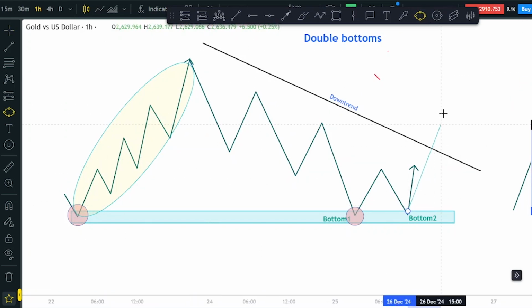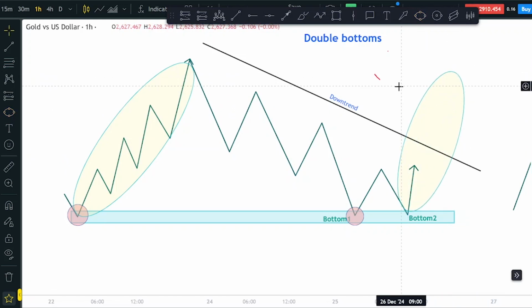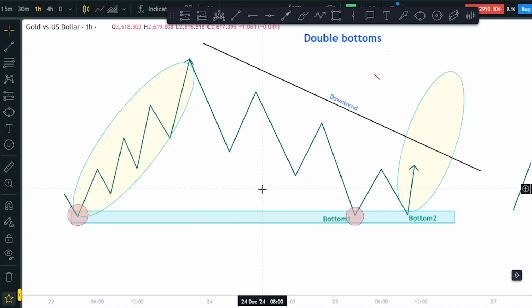So the areas of reversal have to be stronger. For bullish areas of reversal, we are rejecting from an area which has also been rejected before multiple times by changing the direction to the upside.